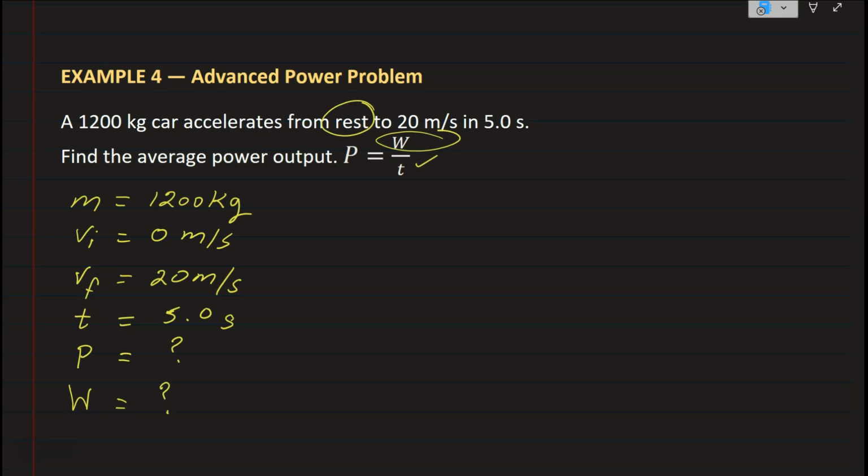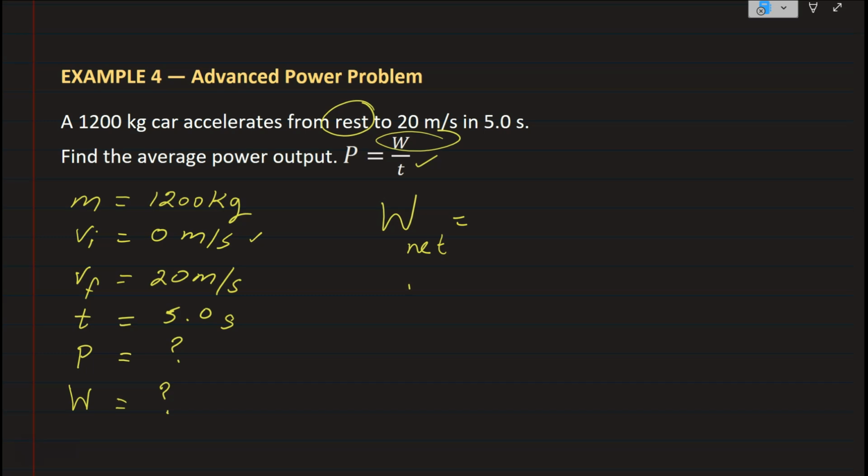Notice that this question is talking about a moving car. Moving, that's kinetic energy. The net work is the changing kinetic energy, right? The initial velocity is 0 meters per second, so you don't have any initial kinetic energy, but you have a final kinetic energy.